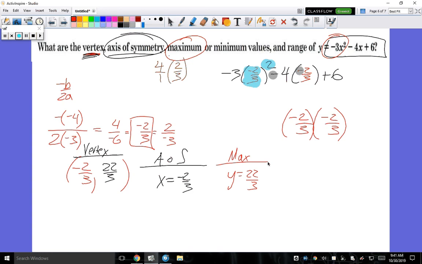I don't know why they didn't list it, but what's the domain? All real numbers. Can someone tell me why? Or not yet. Not the range. Why is the domain of quadratics, otherwise parabolas, why is the domain all real numbers?